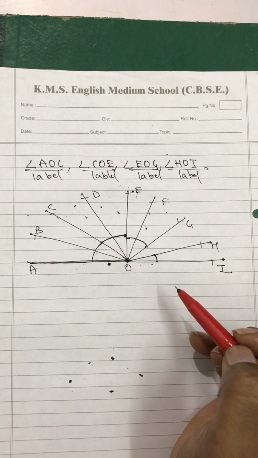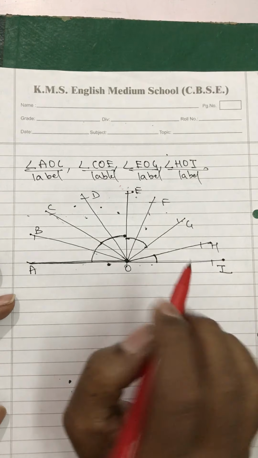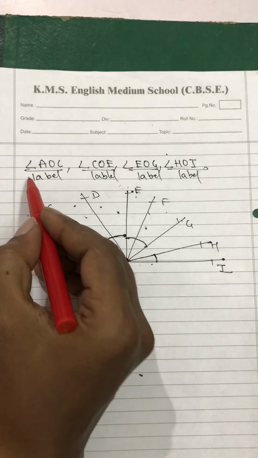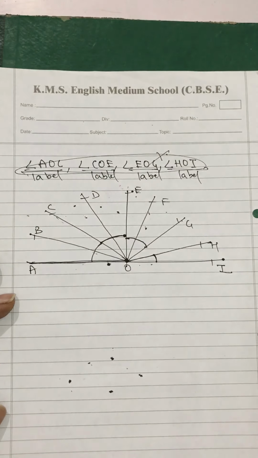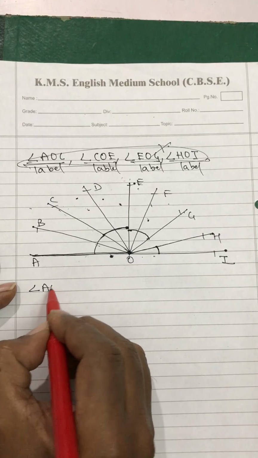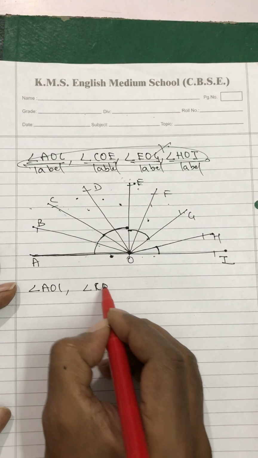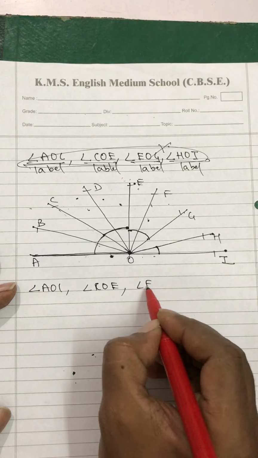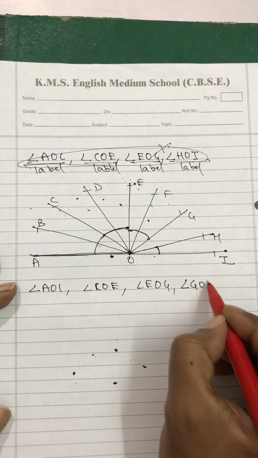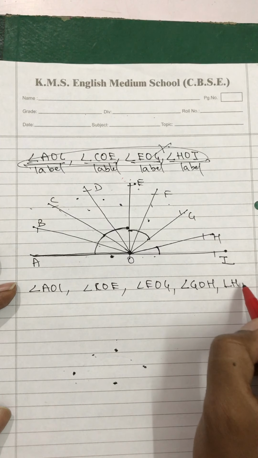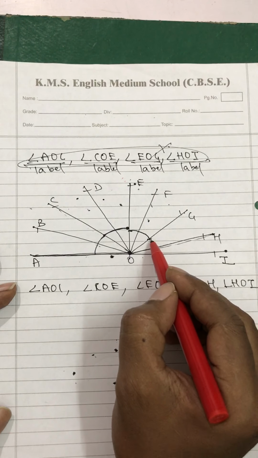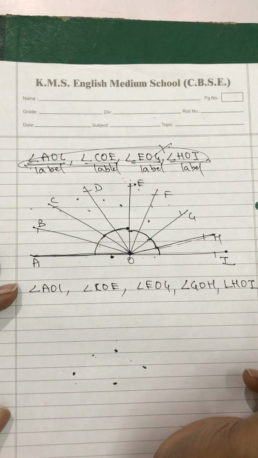Now, are they angles in linear pair? Definitely no, because there is a gap over here. They are not angles in linear pair. Of course, if they would have been like this, angle AOC, angle COE, angle EOG, and in between angle GOH, angle HOI, then they would have been angles in linear pair.